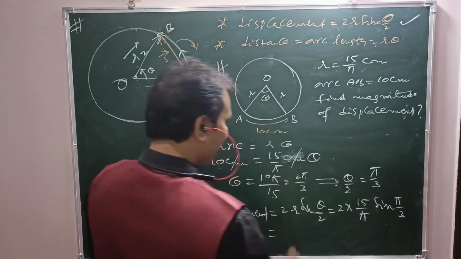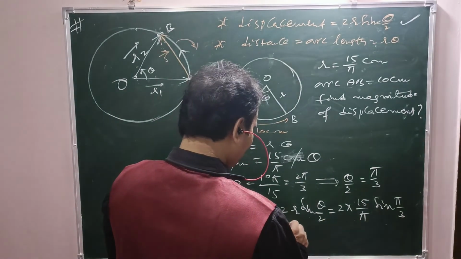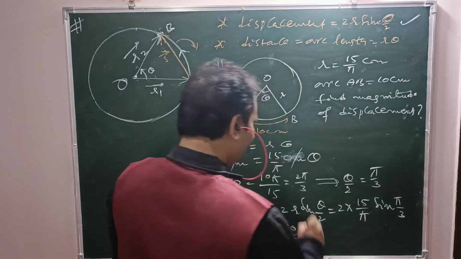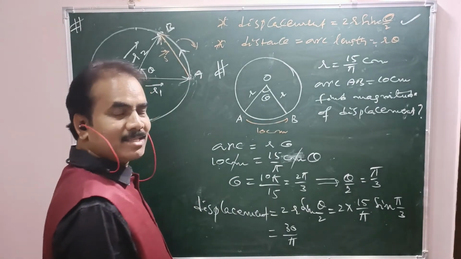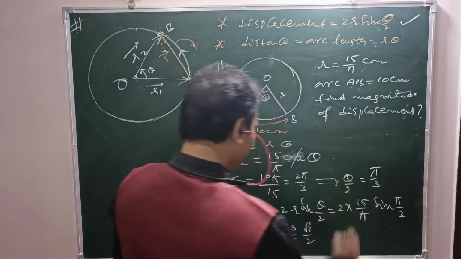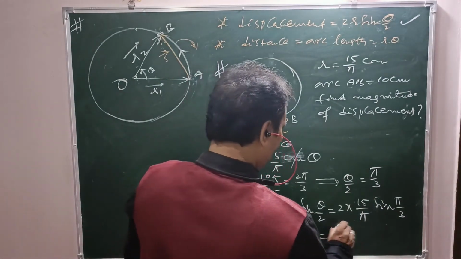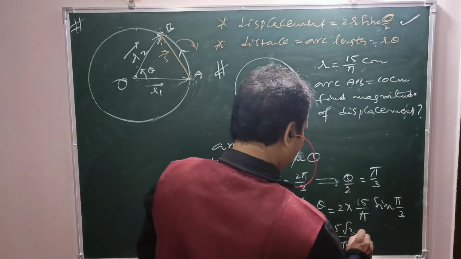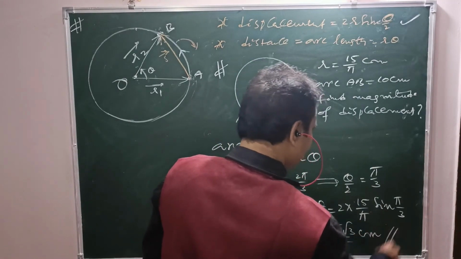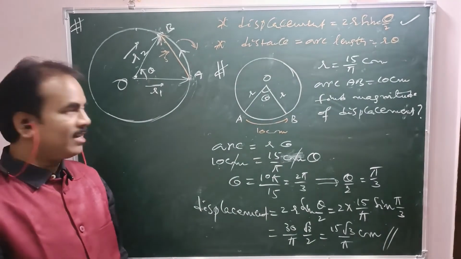That is displacement equal to 2 into 15 by pi into sin pi by 3. Sin 60 means root 3 by 2. That is 30 by 2, 15 root 3 by pi centimeters. This is the displacement.